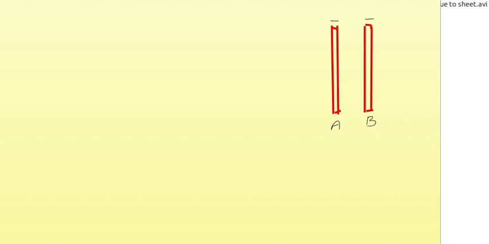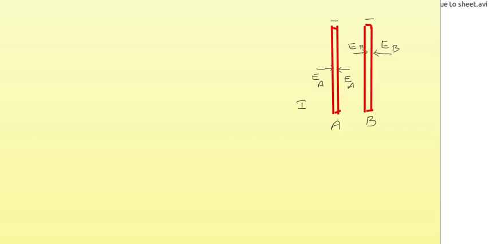Now what about the electric field between two negatively charged sheets? So here we have two sheets A and B, both are negative, and from the previous discussion you know that due to a negative charge the field lines are coming towards the sheet. So in the region 1 you can see it is coming towards A, here also it is coming towards A. Then for the sheet B again you can see that the electric field line is coming towards the sheet.